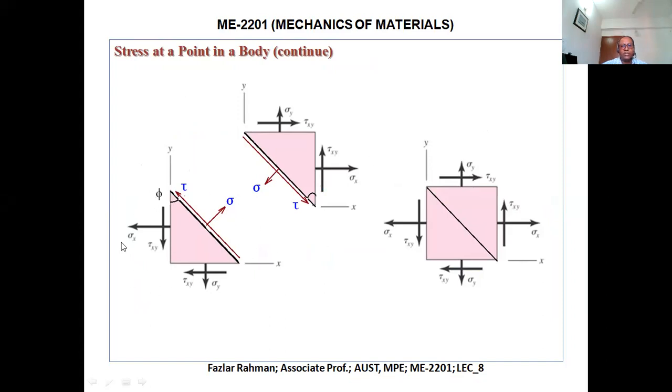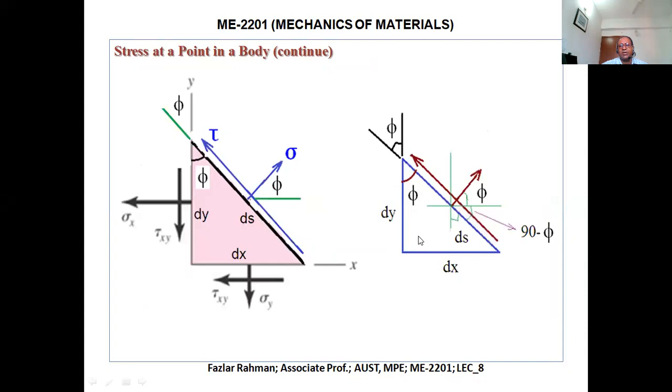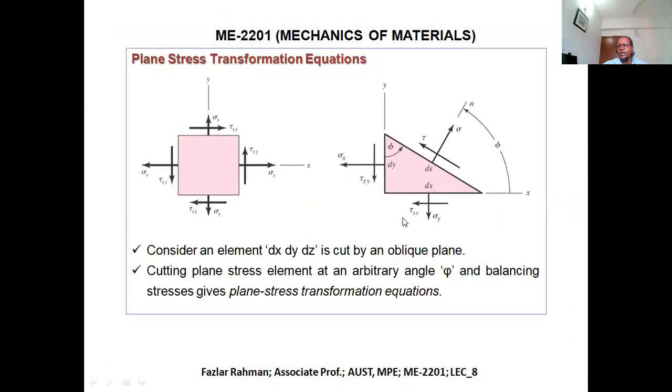If I take this triangle, then I will apply summation of force along x and y direction. So the length from here to here will be dx, from here to here will be dy, and this length I don't know, so we are just calling this length ds.